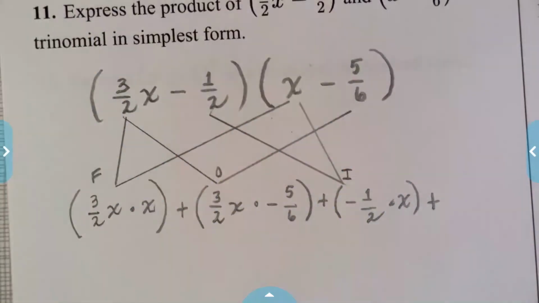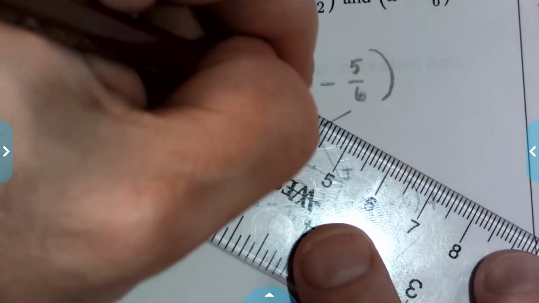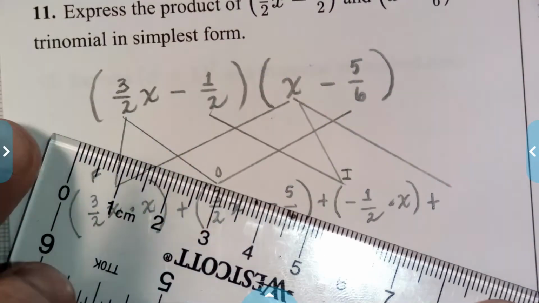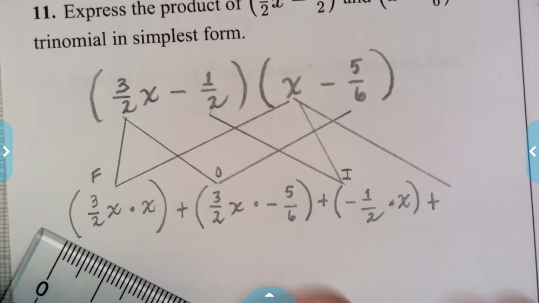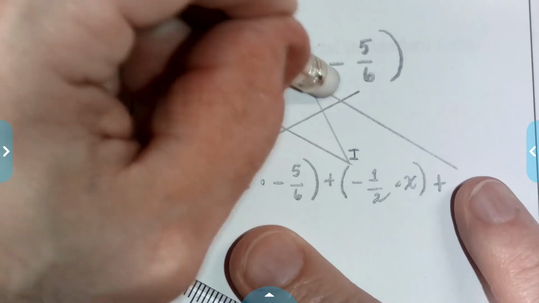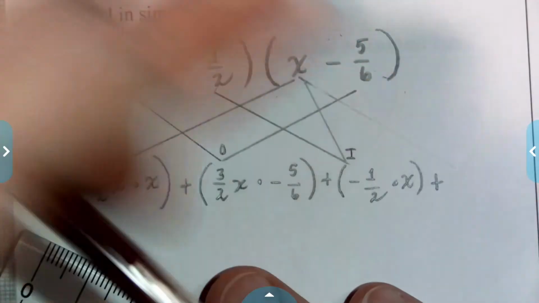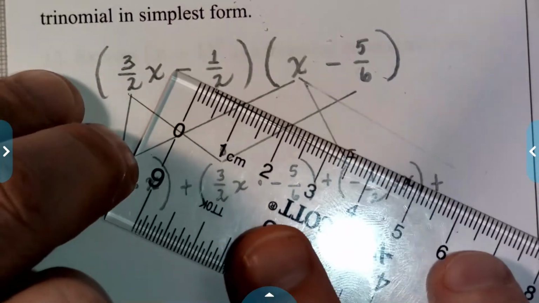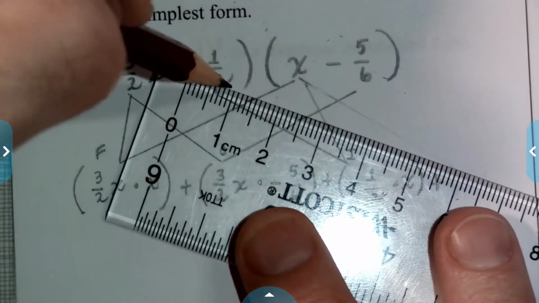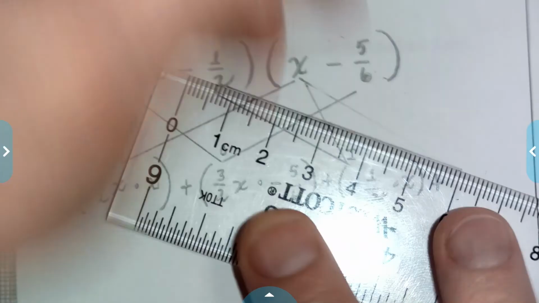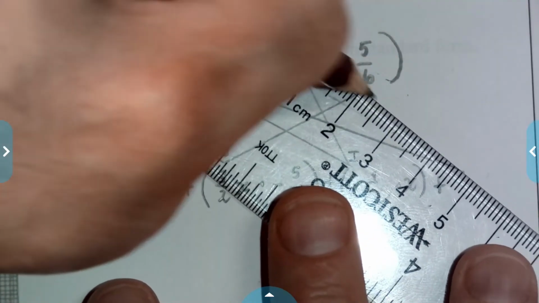And then finally, last times last. Oh, I did not mean to draw that line. Meant to draw it from here. Last times last. So negative 1/2 times negative 5/6.